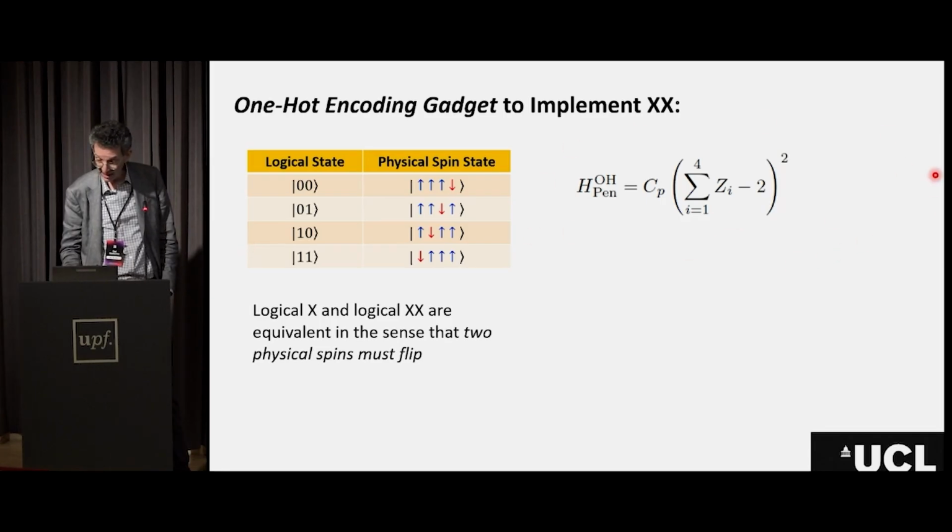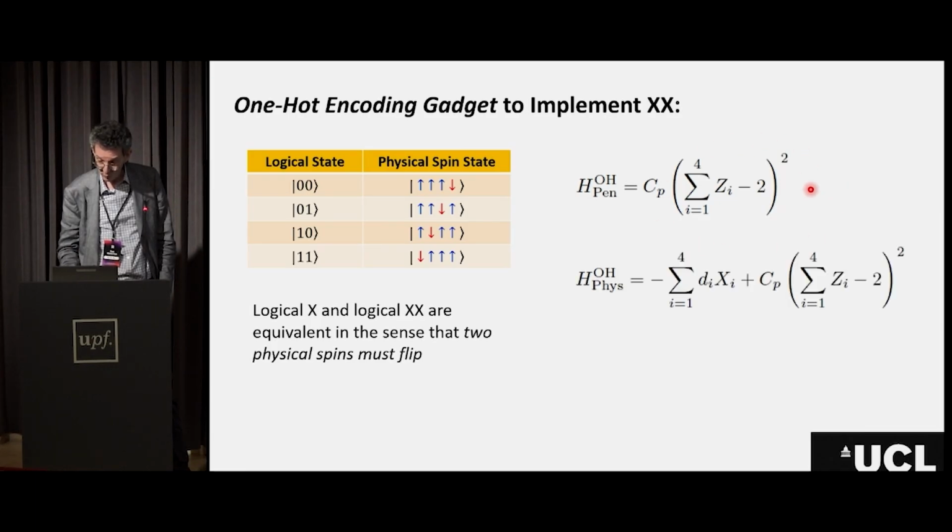So first of all, we need a penalty constraint that ensures that we're in one of these physical spin states. That's reasonably straightforward with a term like this in the Hamiltonian. We then add local X fields to give us this physical Hamiltonian of our one-hot encoding gadget.